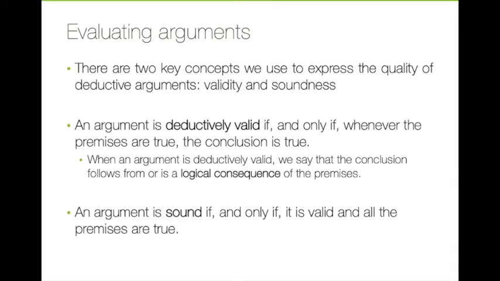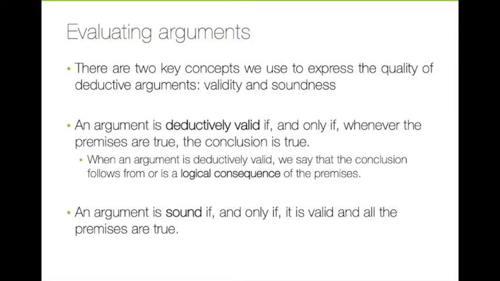So a deductive argument is one that is intended to be deductively valid. But as we'll see, sometimes arguments intended to be deductive fail to meet this standard. And when an argument is deductively valid, what we tend to say to capture that is that the conclusion follows from or is a logical consequence of the premises.